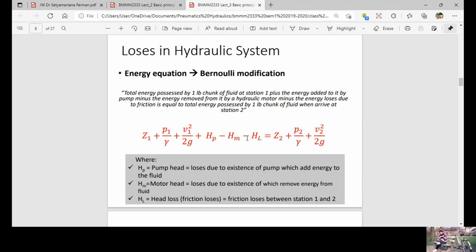This is due to the friction losses, so it means the friction losses between station 1 and station 2. Remember this equation. This is the energy equation for the hydraulic system.